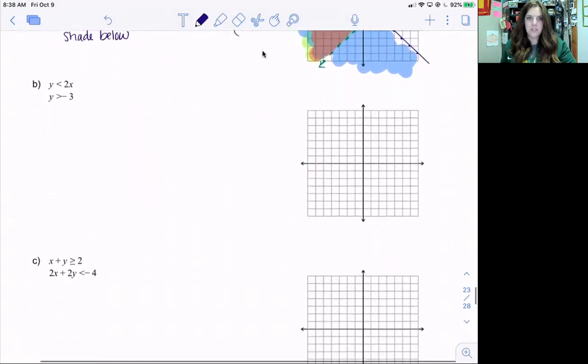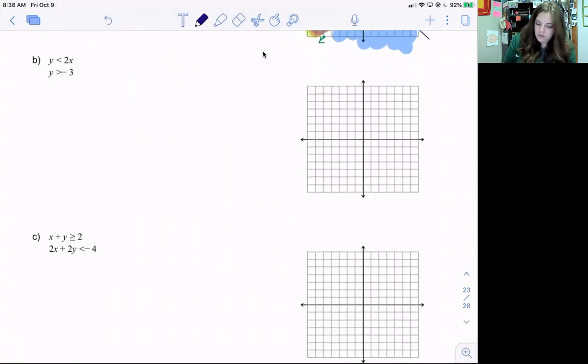y is less than 2x. Okay, so on this line, we have a slope of 2. And we have a y-intercept. Since there's nothing being added or subtracted, our y-intercept is 0. My apologies.